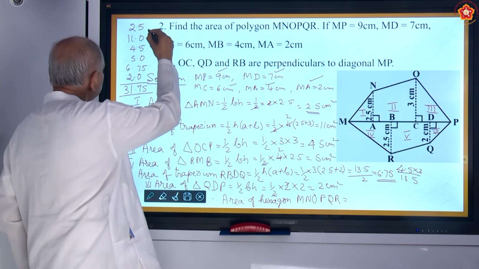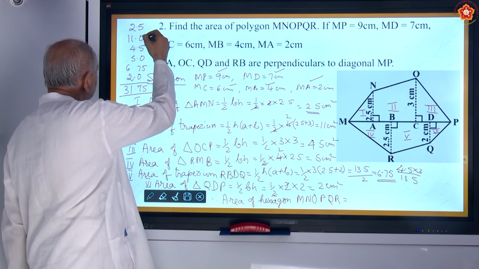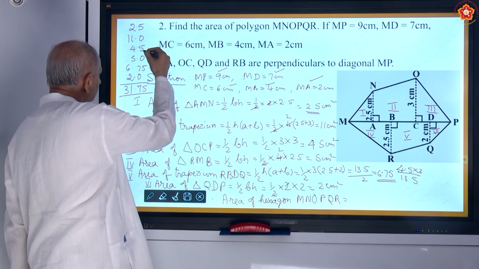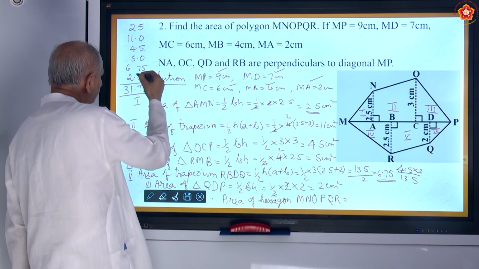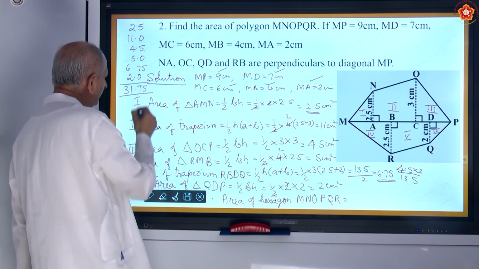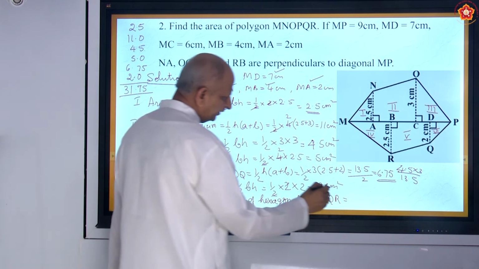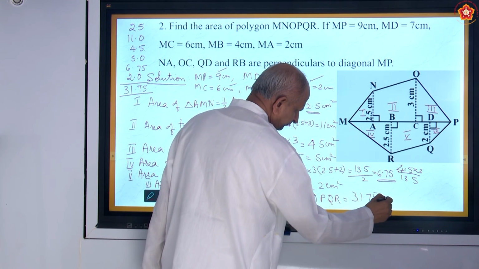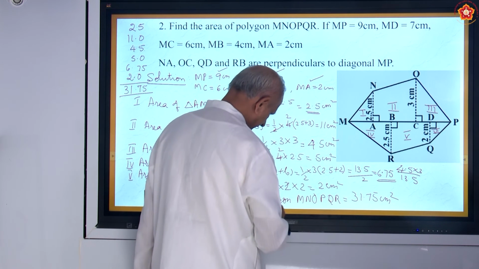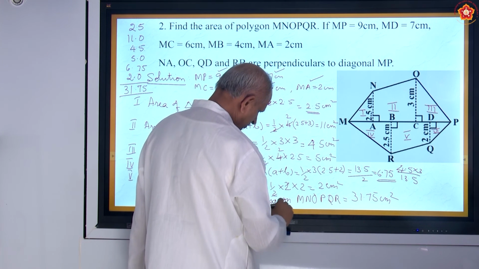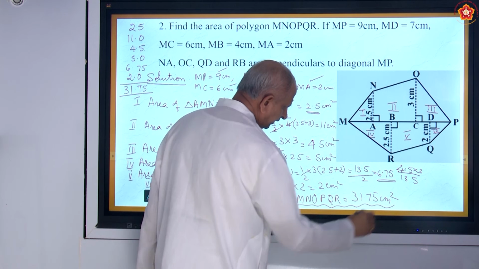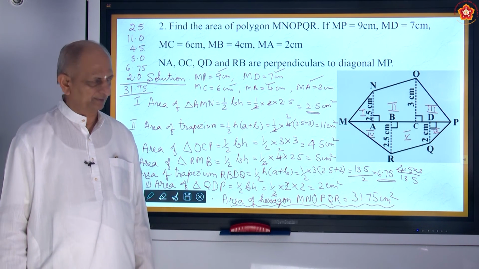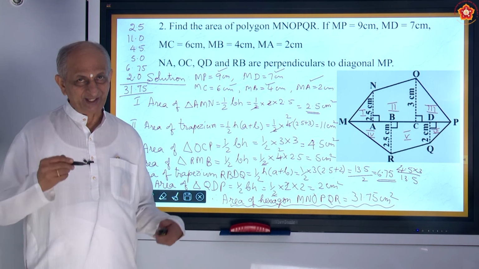So 2.5 plus 11, 13.5, 17.5, 18, 23, 25, 31.75. So that is the final answer. So much of square centimeters. So that is the area you are asked to find out. 31.75 square centimeters. Purposely we took a challenging sum.